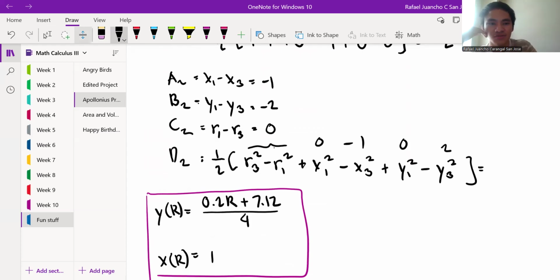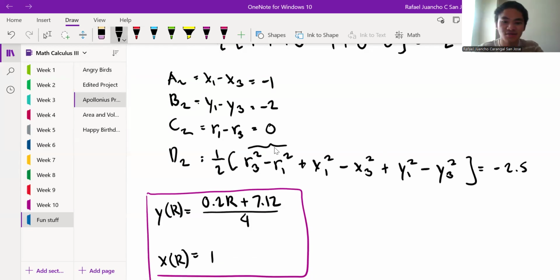Minus 2, this is 2 squared, that's 4, right? I have negative 5 here. Yeah, so negative 5 halves. And if we simplify, we have like negative 2.5.